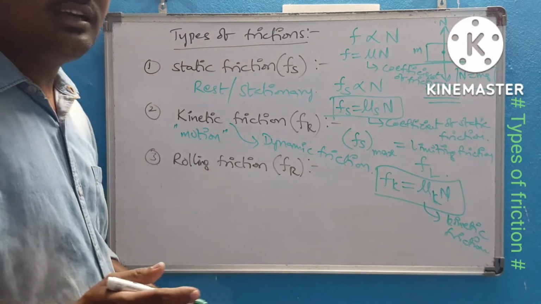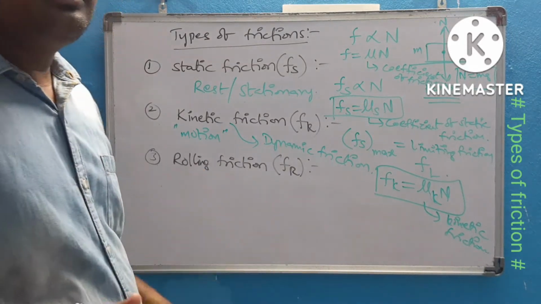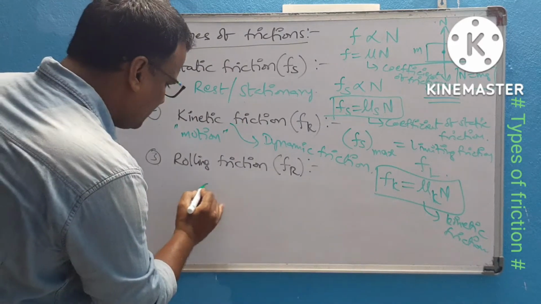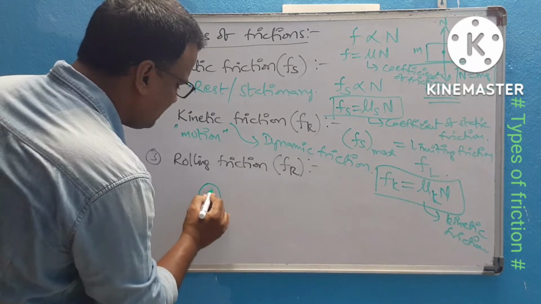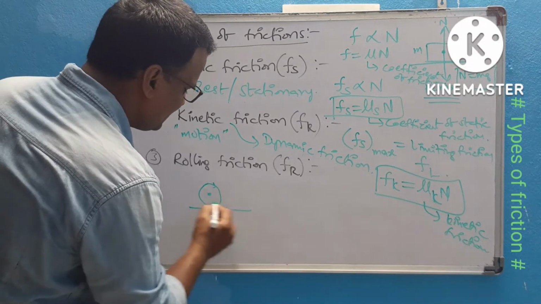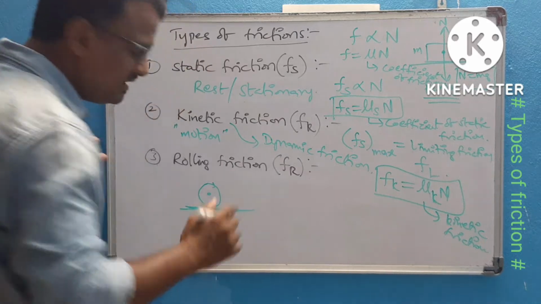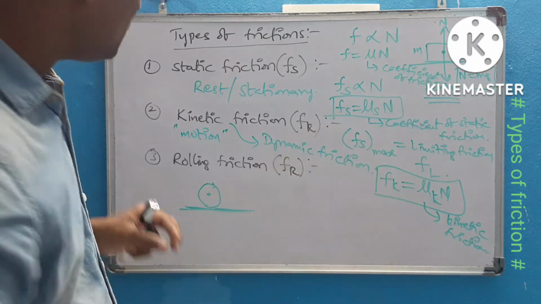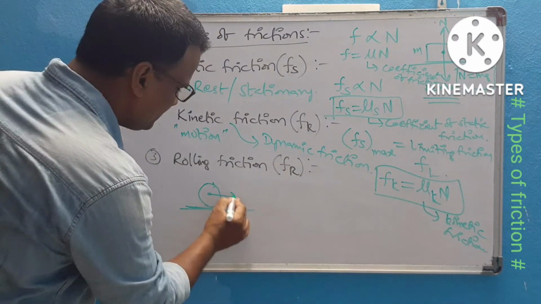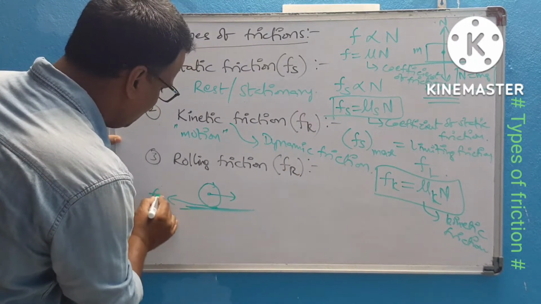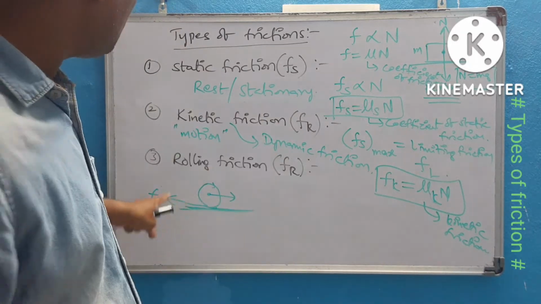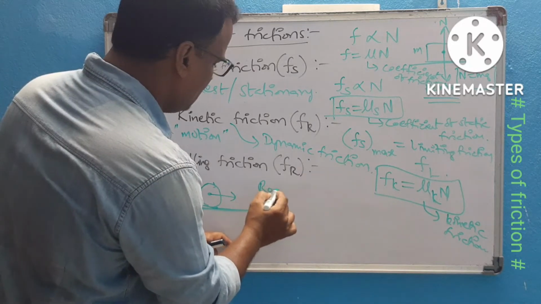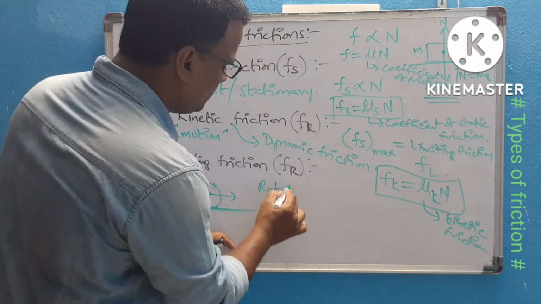Okay. Here the third one is rolling friction. If any body is in rotational motion, then rolling friction will be developed between the contacting surfaces.